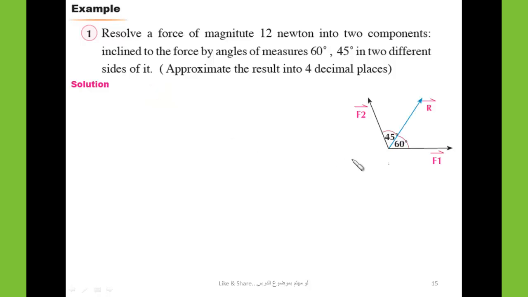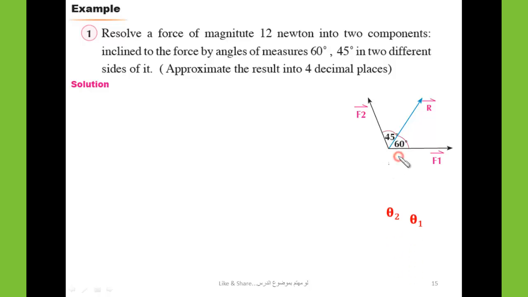First, we draw a simple figure to show our problem. We have R, the resultant force of magnitude 12, and we want to resolve this force R into two different directions, F1 and F2, inclined with the two angles 60 and 45 degrees.